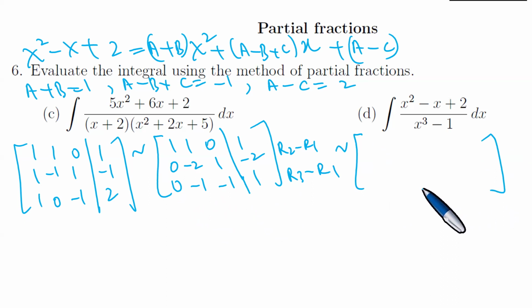At this point, you'd have to interchange rows 2 and 3.